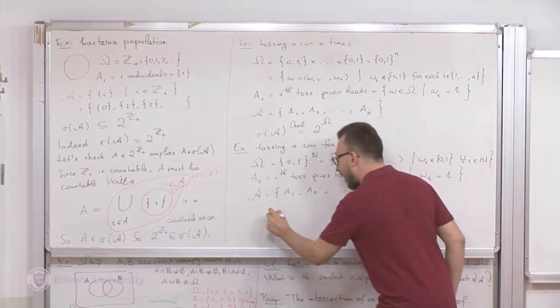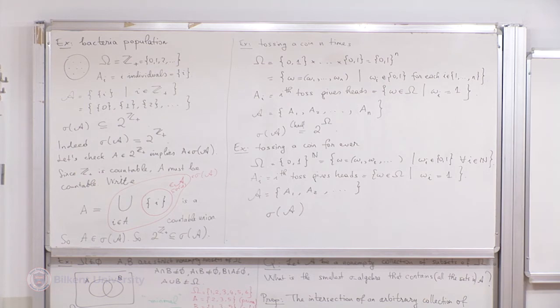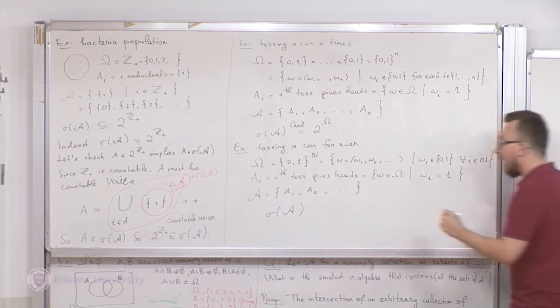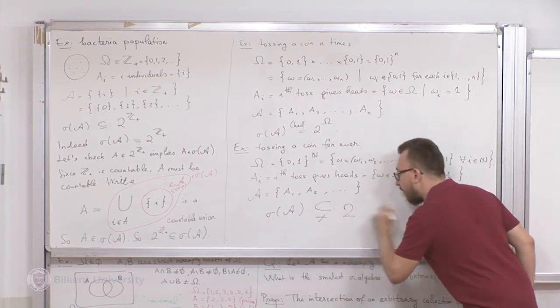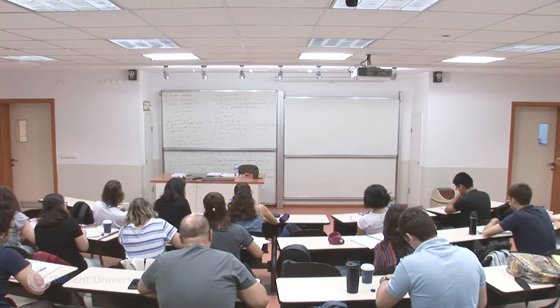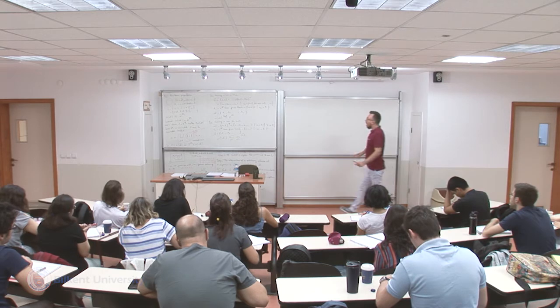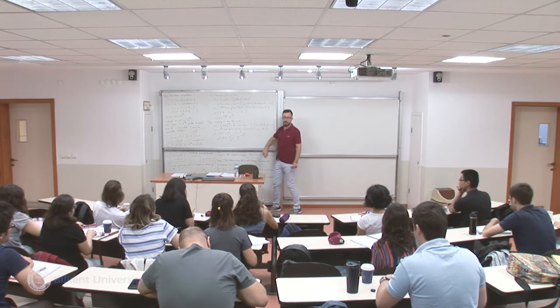In this case, the sigma algebra generated by A is a strict subset of 2 to the power omega. Very counterintuitive. Although it looks like you have access to everything in the random experiment. You know the result of the first toss. You know the result of the second toss individually. Apparently, this is a strict subset of the power set of your sample space.